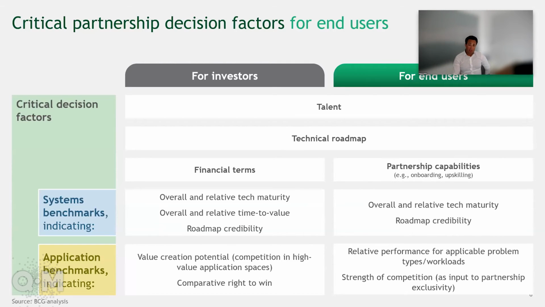And then increasingly, and providers are getting better and better at this, you want folks that can offer onboarding, upskilling, various capabilities that really facilitate not just access to the compute, but actually that capability building. The last one that I think is becoming really important is benchmarking.